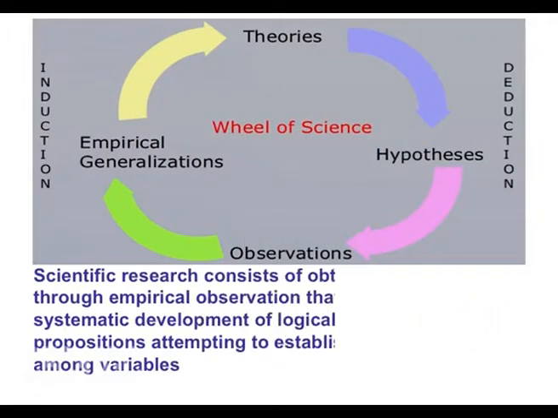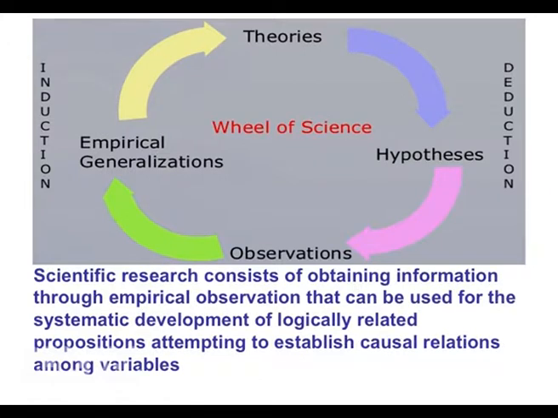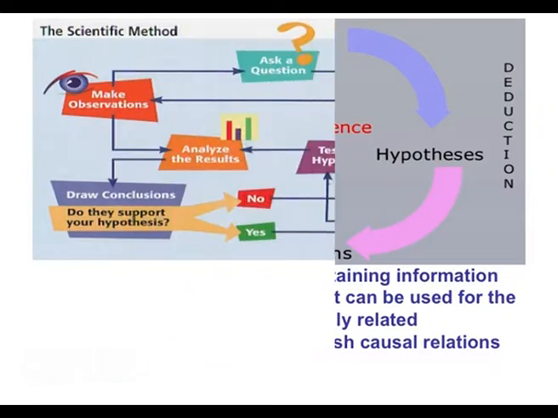Scientific research consists of obtaining information through empirical observation that can be used for the systematic development of logically related propositions attempting to establish causal relations among variables.